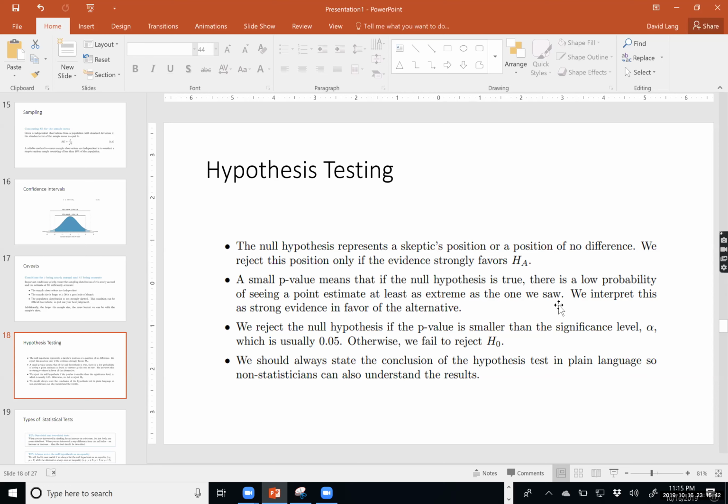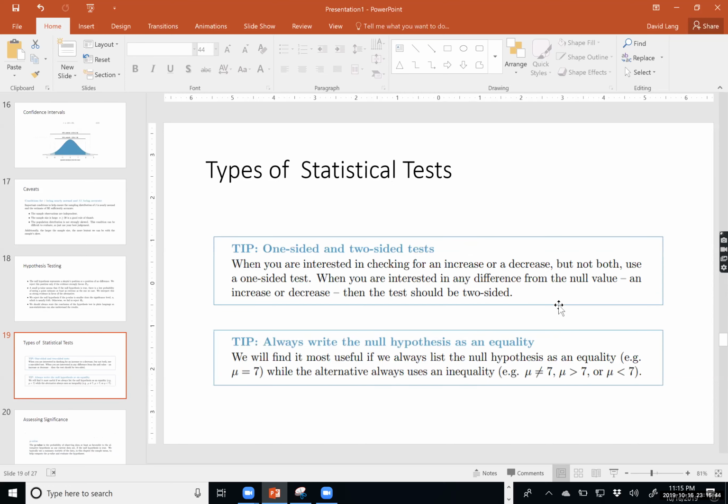And to build on this, there are a few different types of statistical tests that I want to go over. There are these things called one-sided tests, and that would be when your alternative hypothesis is that your sample mean is significantly different in a particular direction. So for instance, you might be interested in whether or not a patient's fever is greater than a certain value.